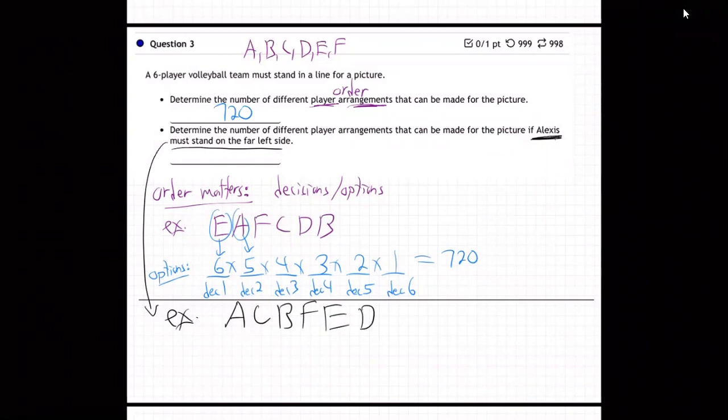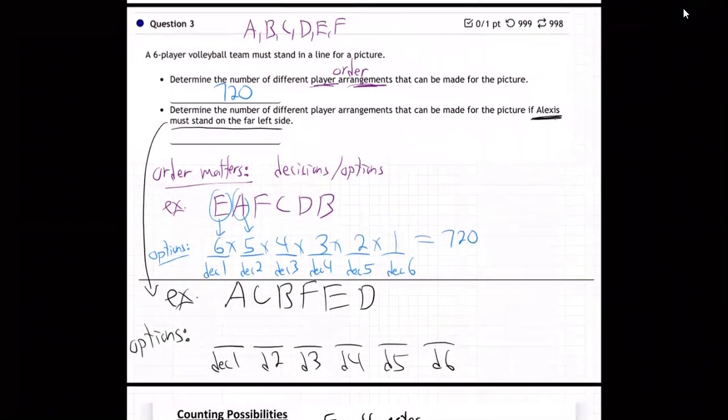And then how many decisions did I make? 3, 4, 5, 6, right? Decision number 1, decision number 2, decision number 3, decision 4, decision 5, decision 6. So you always think about decisions and options. So for the first decision, how many options were there? Well, only 1, right?